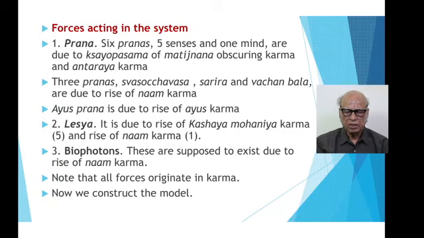And we know how the leshyas are produced. They are due to the rise of Kashaya Mohani karma and the rise of Nam karma. So there are 5 of the leshyas which are due to the rise of Kashaya Mohani karma, and 1 due to the rise of Nam karma. So this is how the leshyas are creating forces acting in the body.